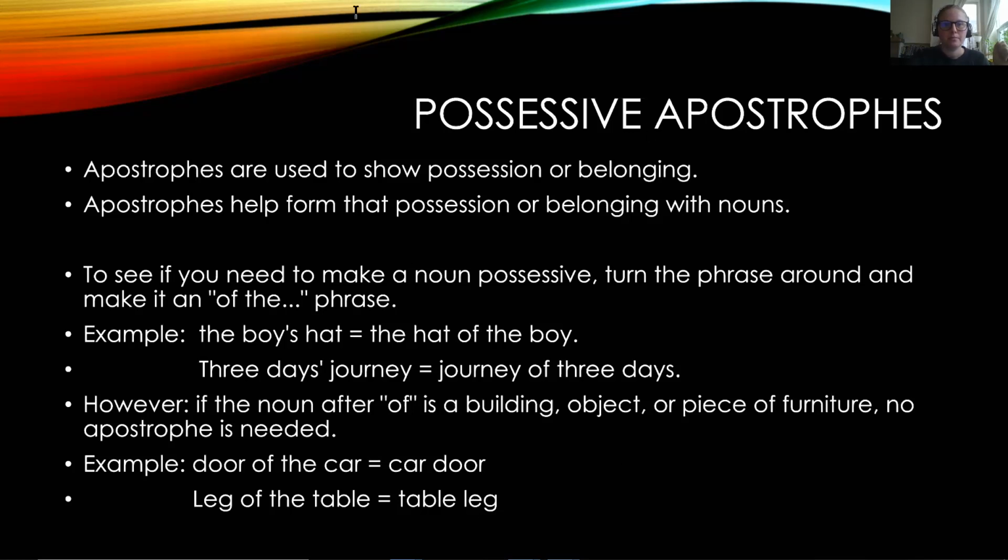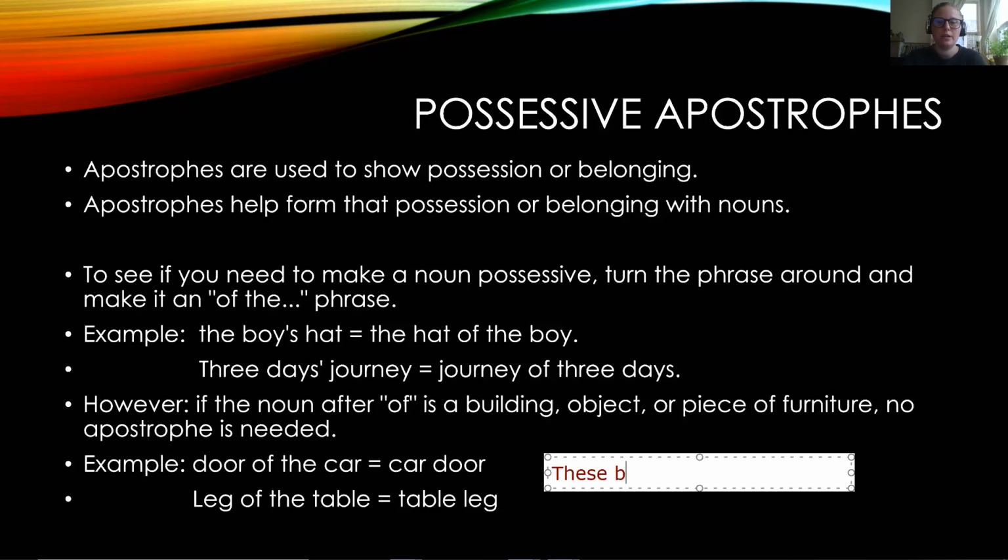So actually, I want to type that here. These become compound nouns, right? Compound nouns will have spaces between them. When I say car door, probably a very specific image comes into your mind of the door of the car.